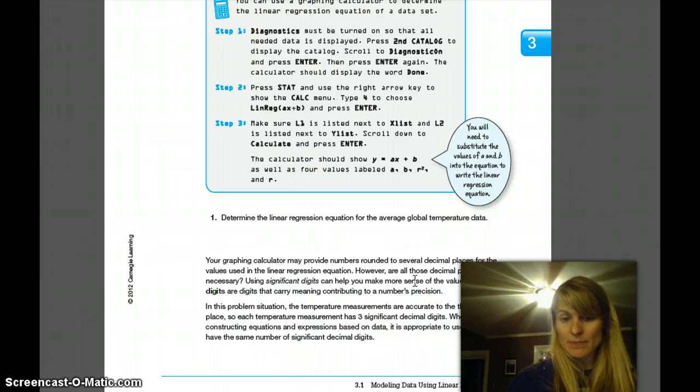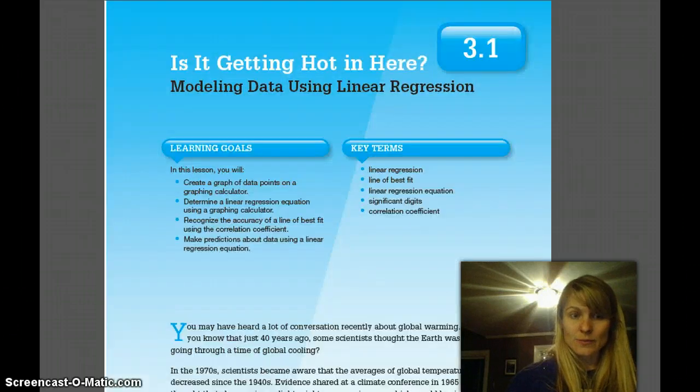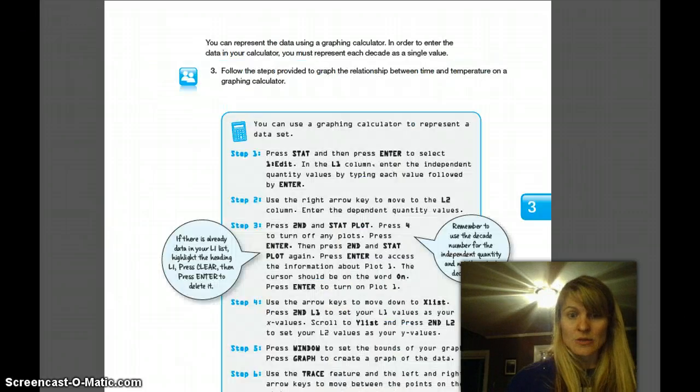Then if you read this bottom part, it talks about significant digits. And if we look at all our data here, all our data has it out to the tenths, hundredths, and thousandths place. So we really want to write our equation in line with the way our data is put in, where everything's to the thousandths place.